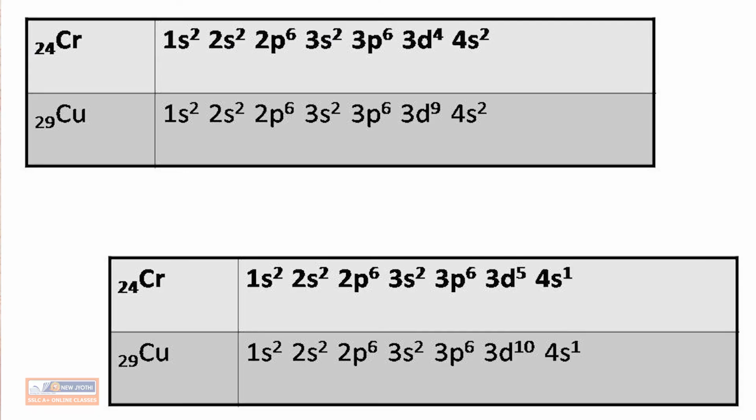Next, find the electronic configuration of copper. Copper is having an atomic number 29. Say its subshell-wise electronic configuration is 1s2, 2s2, 2p6, 3s2, 3p6, 3d10 and 4s1.